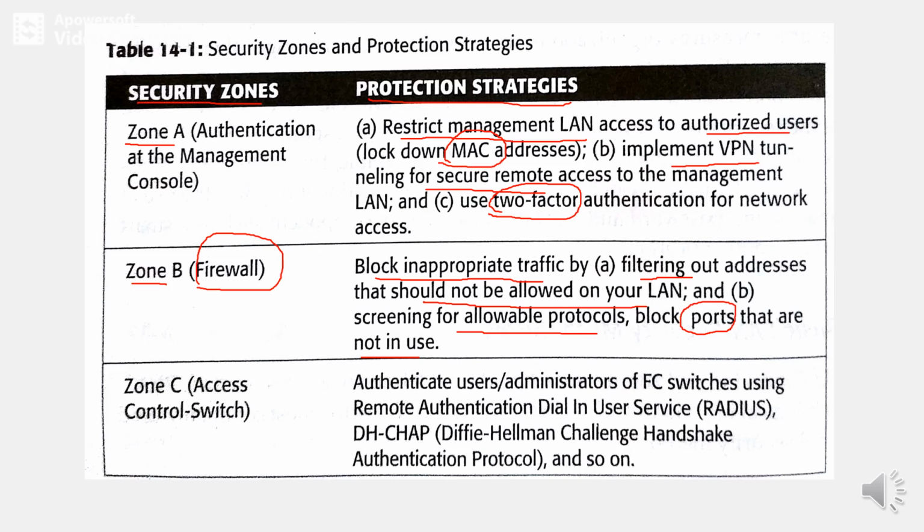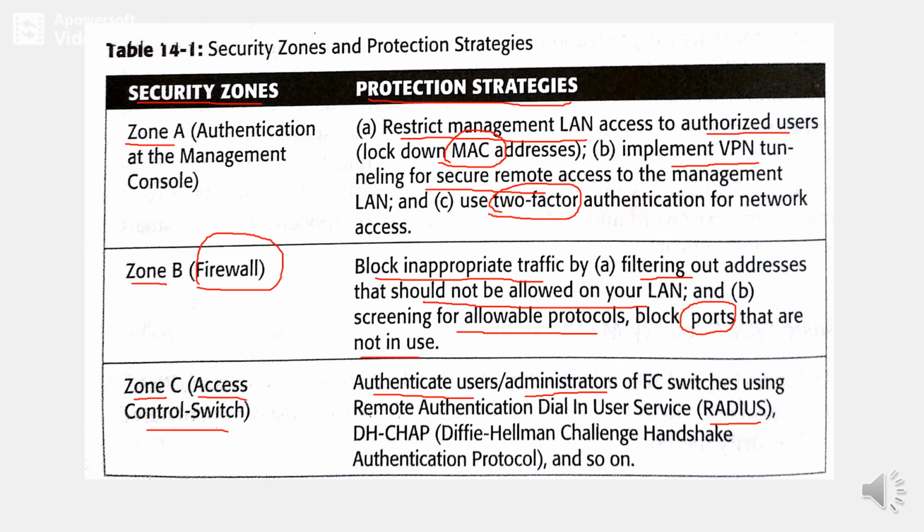The next zone is zone C, the access control switch. The protection strategies can be implemented as: authenticate users as well as administrators of FC switches using RADIUS, that is Remote Authentication Dial-In User Service.